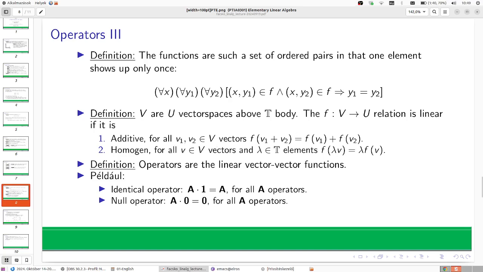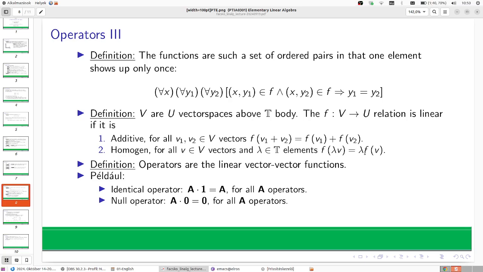Then it's homogeneous. It means you have one vector and a scalar, for example, and if you have this multiplication, then you can remove the lambda before the function. This means linear. This is a very general term. I told you many times when I talked about perpendicular or orthogonal things, these have a very general definition.